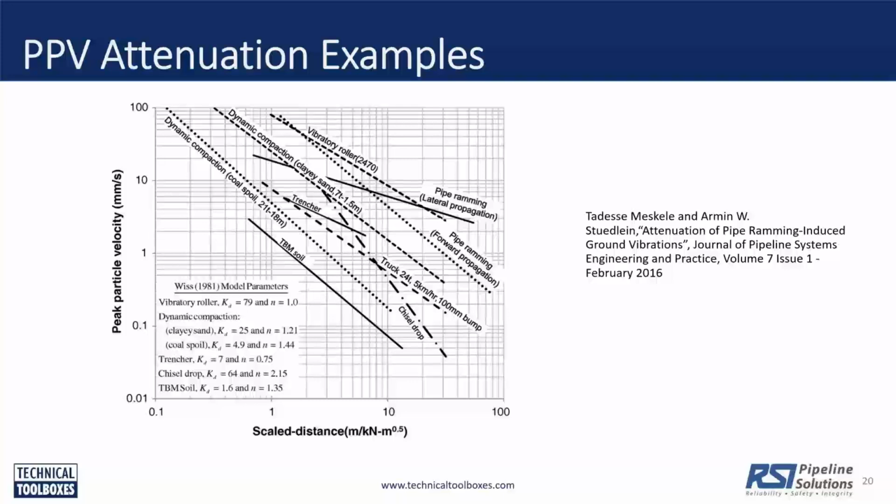But all the methods are similar in a sense that they use a parameter that's called scaled distance. The scaled distance increases linearly with distance from the source to the pipe, right?